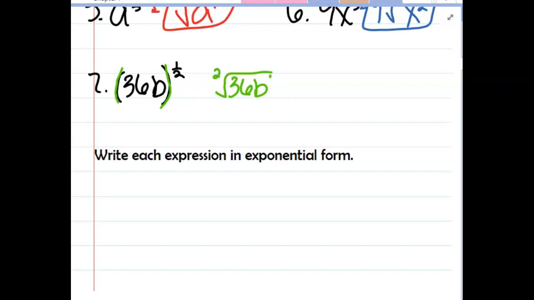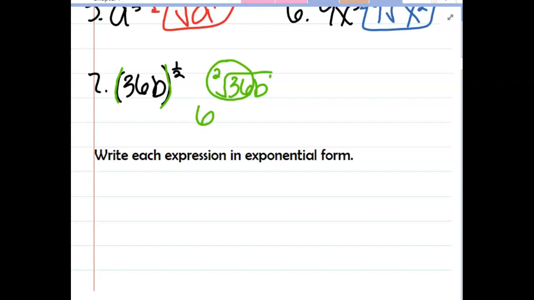Now, here's the tricky part today: sometimes you're going to write your answer, and it's not actually your answer. Because I can simplify this. I can take the square root of 36. What's the square root of 36? What number times itself? 6. Yeah. So I can take the square root of 36.